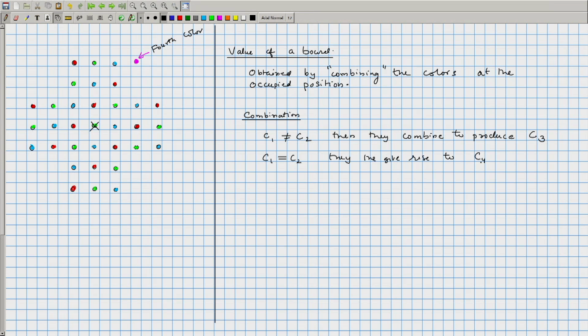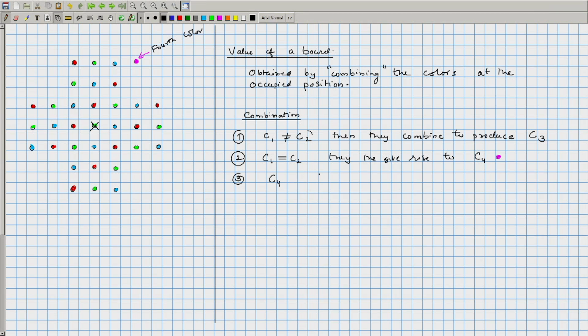So, C4 is a new color. Now, this combination, rule 1, applies only to colors red, green and blue. If it was the fourth color, the pink color, when that color combines with any color, it does not change anything. So, that is the third rule.